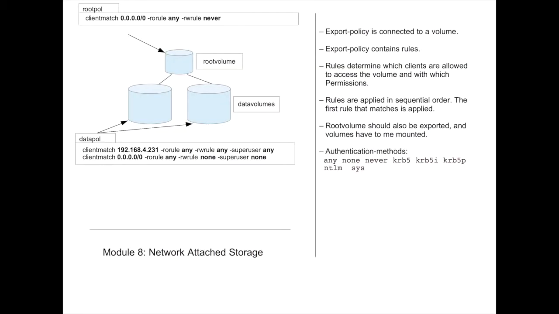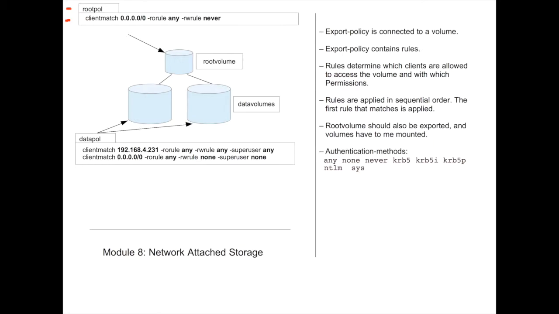Now to summarize this, let's have a look at a paper example. What we see here is we have a root policy, and the policy is called rootpol, and the client match, or the one and only rule inside this policy, is we are going to match any client in any network, and the read-only rule is any, meaning that we don't care about authentication types.